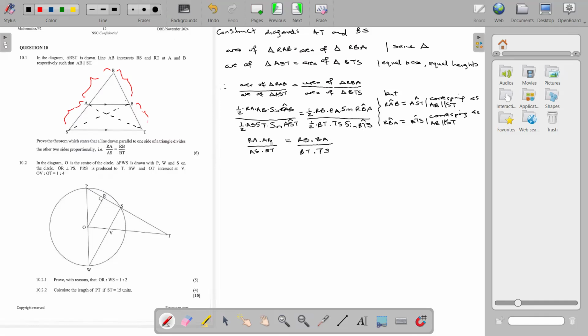In this particular case, we can just cross multiply. In other words, we multiply both sides by ST, then we divide both sides by BA.